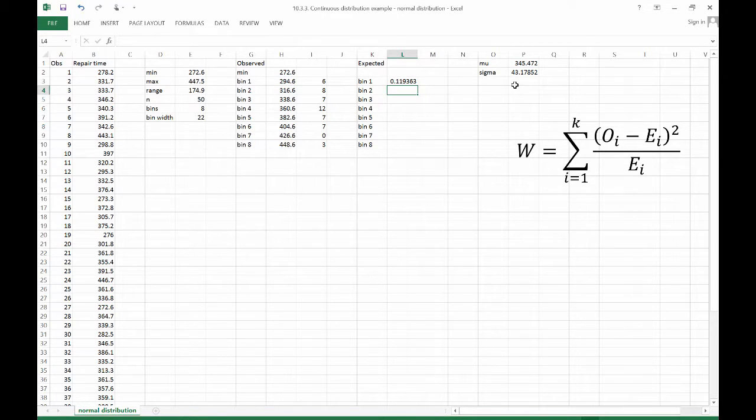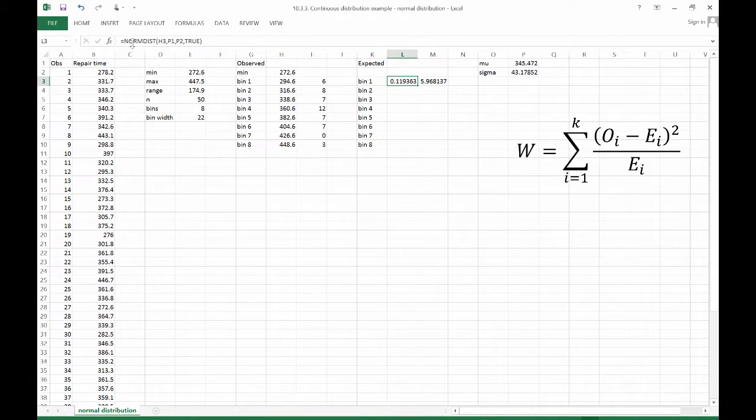The probability is 0.119. So 11.9% of observations lie below 294.6, and that goes out to negative infinity. What would we expect to see then? This value times 50. This is the number of observations that we would expect to see in bin 1 if these data really follow a normal distribution with these 2 parameters. The actual observations: 6. What we expect to see: 5.968. Very close here, and that's a good thing.